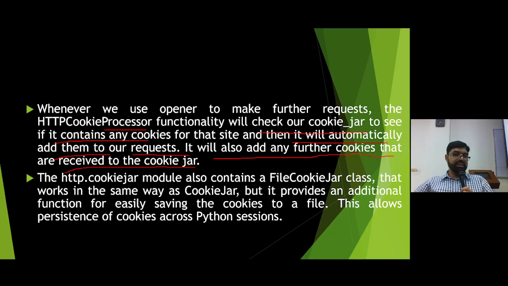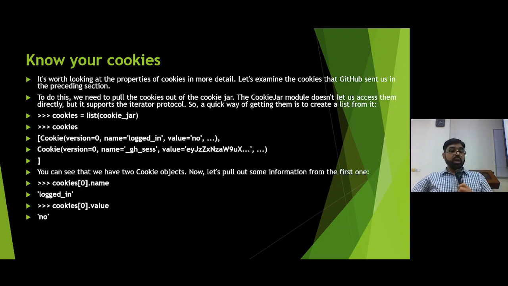As I just mentioned, the http.cookiejar module also contains the FileCookieJar class that works in the same way as CookieJar, but it provides an additional function for easily saving cookies to a file. This allows persistence of cookies across Python sessions.